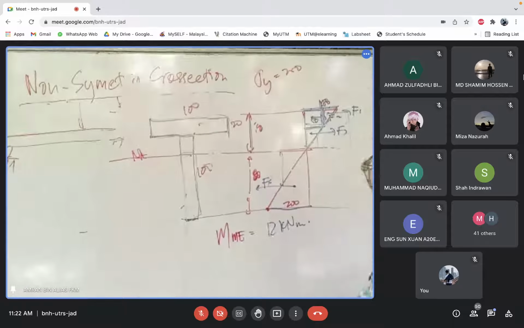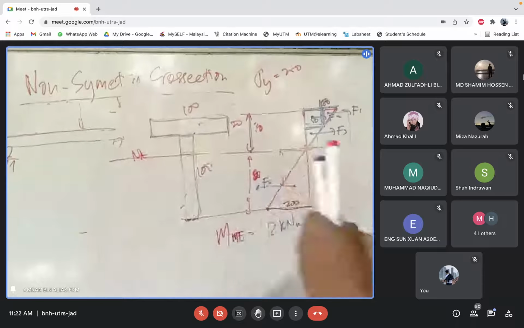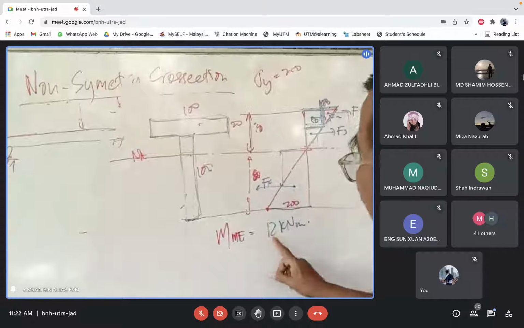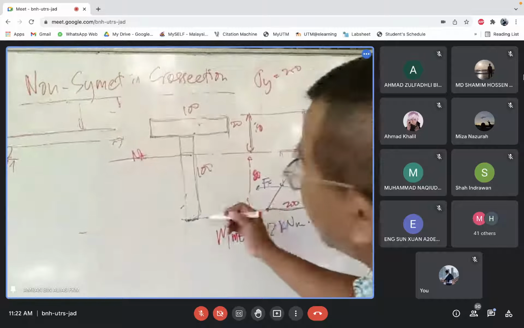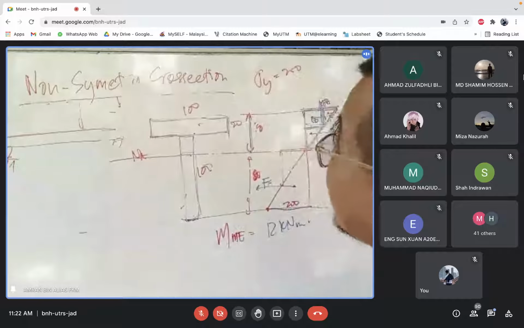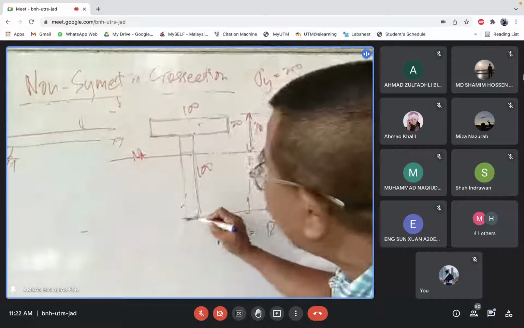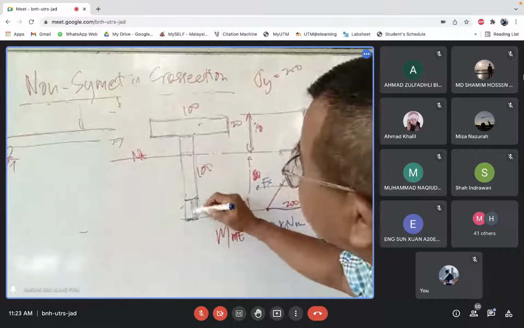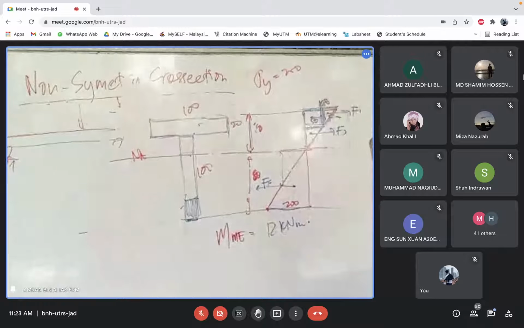So how do we anticipate the shape of the stress diagram? So this 12, this yield stress area will stay there, become bigger area. The plastic becomes bigger, right? Yes, bigger.